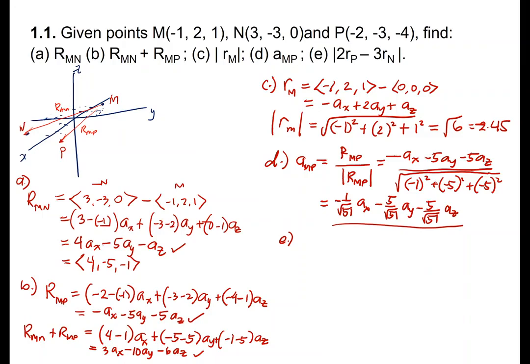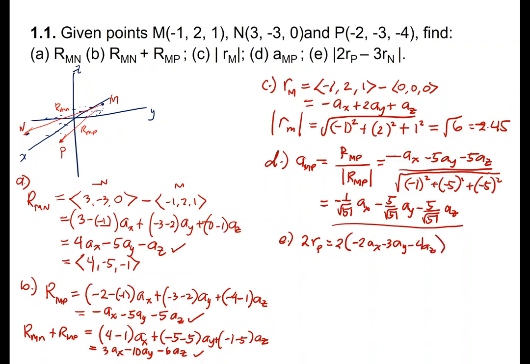It's a vector from the origin to point P, and RN is from the origin to point N. It's similar to problem C. So we can directly solve for 2RP, which is 2 times RP. So we have negative 2AX minus 3AY minus 4AZ.